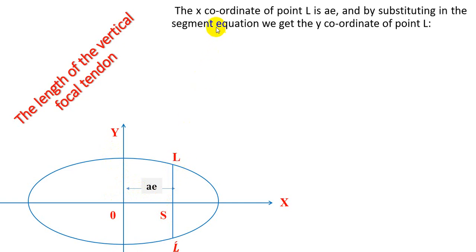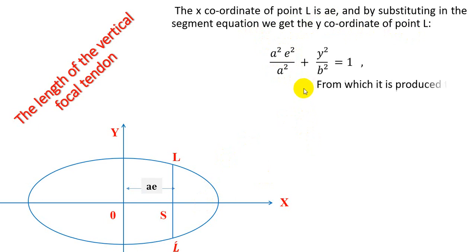If we say that the x coordinate of point L is ae, and by substituting in the ellipse equation we get the y coordinate of point L. So we remove x and put that one, both of them go out, and we will get this part.